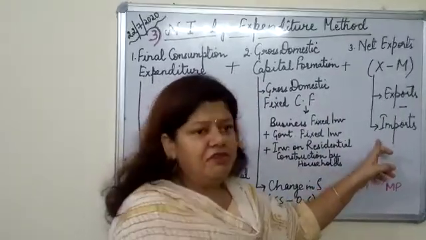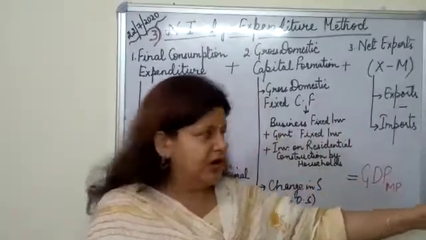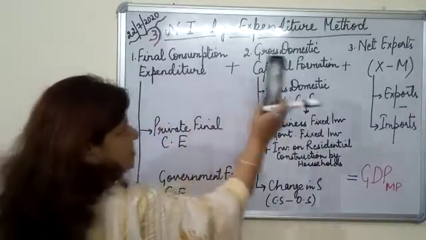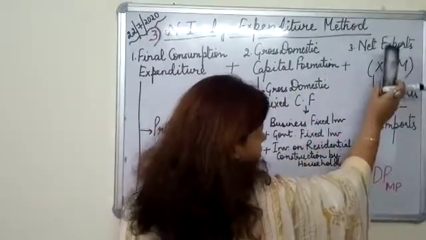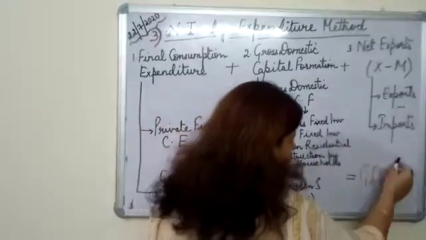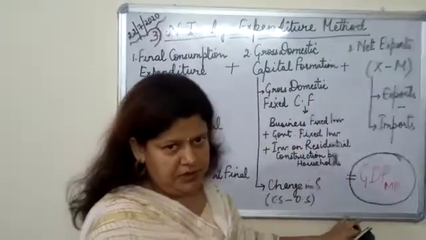Similarly, when we import, we give money outside. So when we couple these up with net exports, all this is known as gross domestic product at market price.